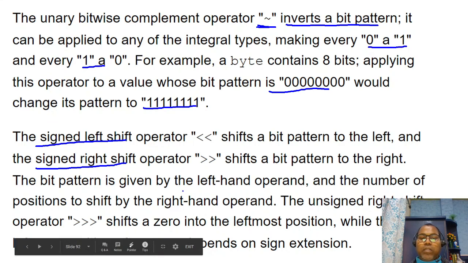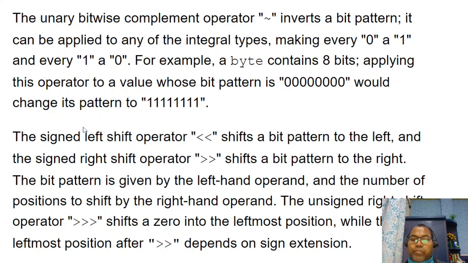And if you use the triple greater than sign, this shifts zero into the leftmost position as well. So that covers the computer science bitwise operations: bitwise AND, exclusive OR, OR, left shift, right shift, and unsigned shift, which Java supports.